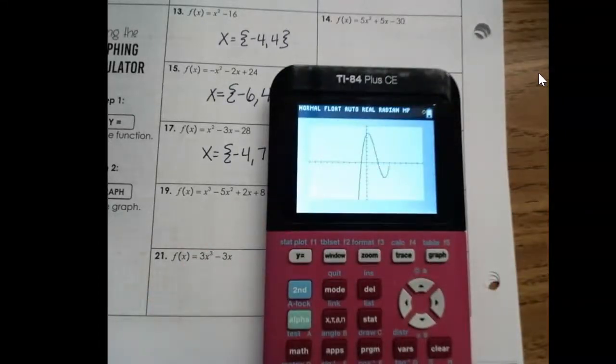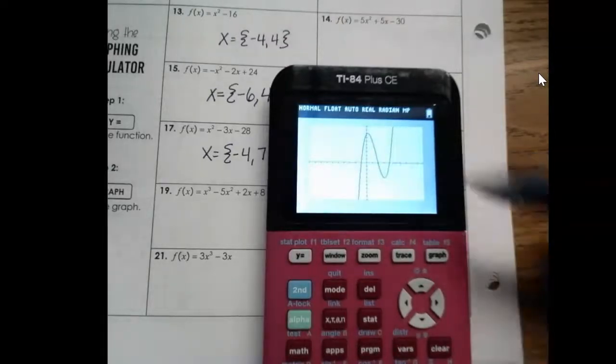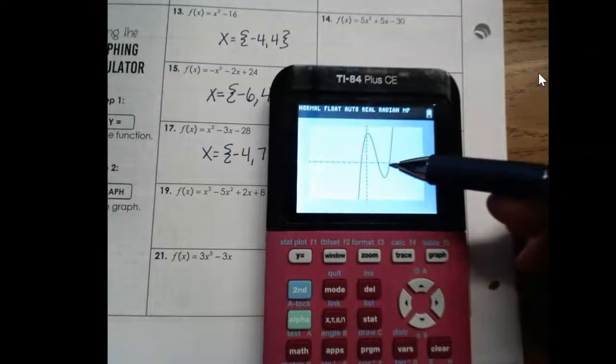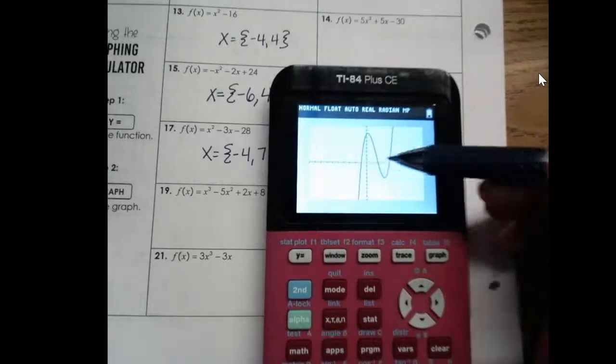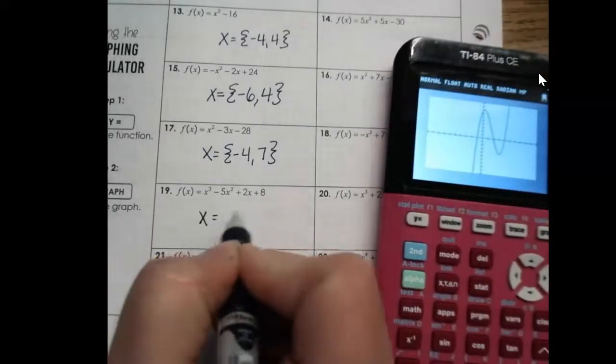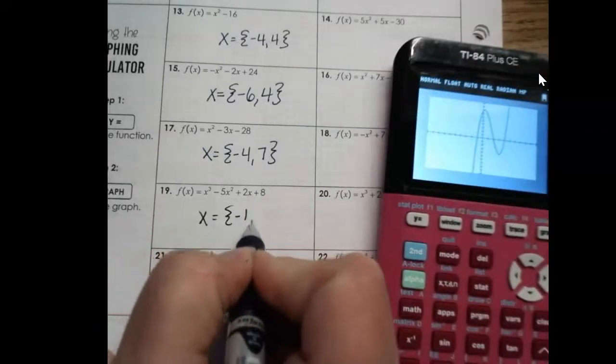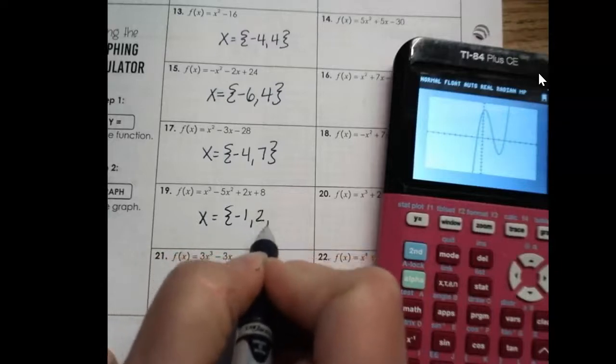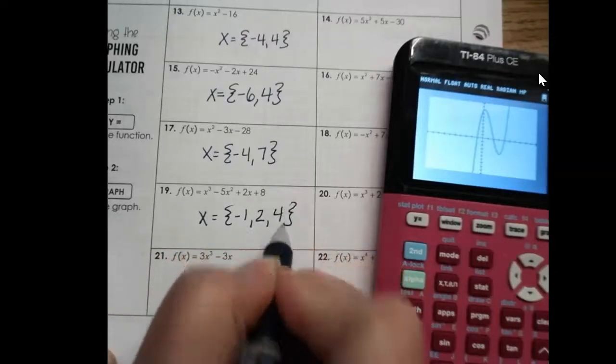Gonna give it a second. There we go. You can see this crosses 3 times, so we need to list all 3 x's. That's -1, +2, and +4. So x equals -1, +2, and positive 4.